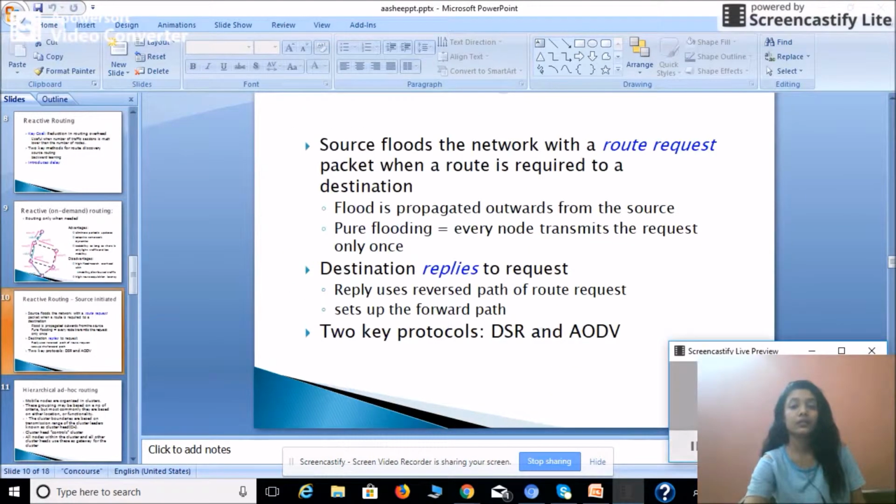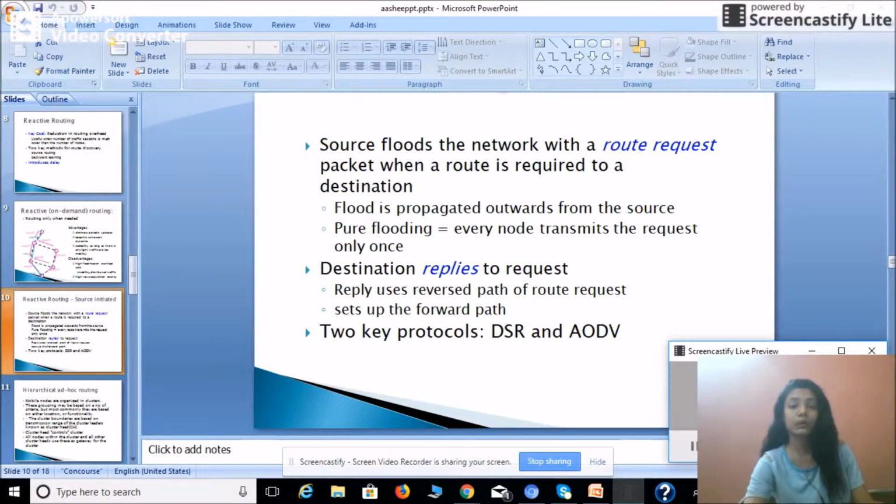Now I will explain briefly how the source node initiates route discovery. The source floods the network with a route request packet when a route is required to a destination. The flood is propagated outwards from the source. That is, from the source node, it starts sending packets to the neighboring nodes.